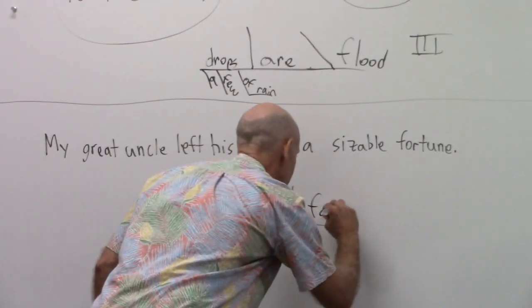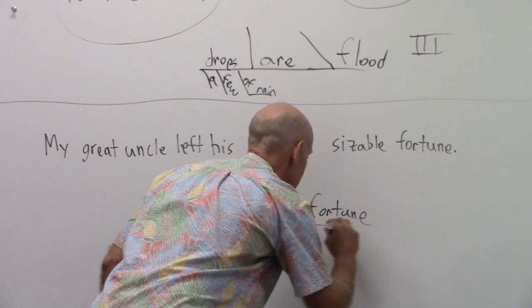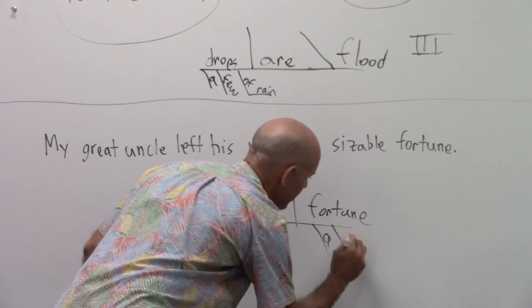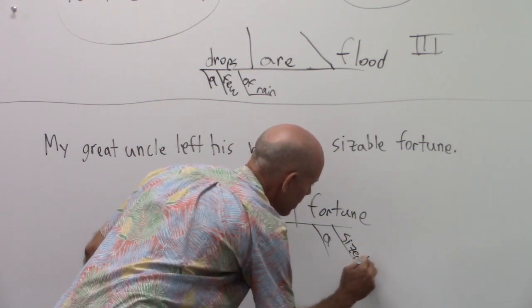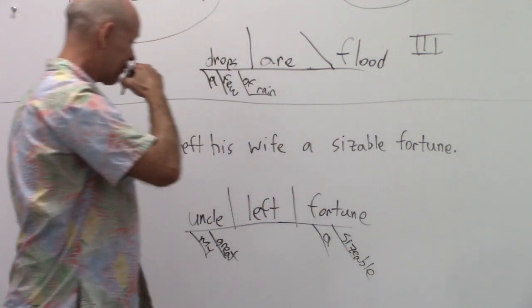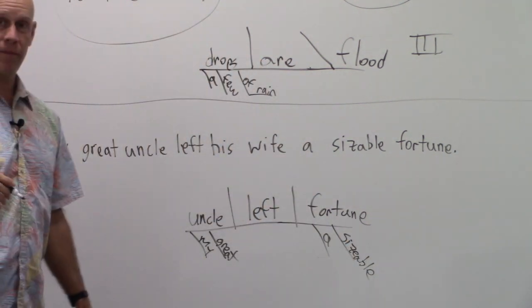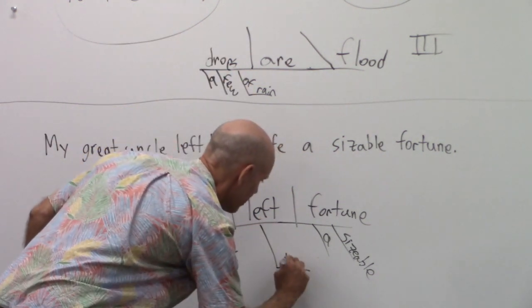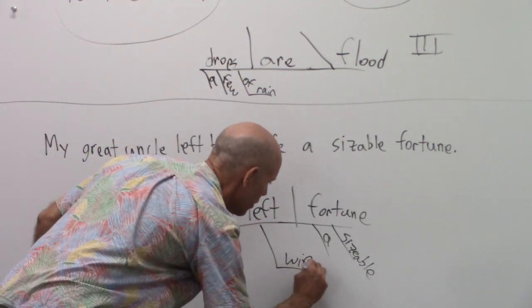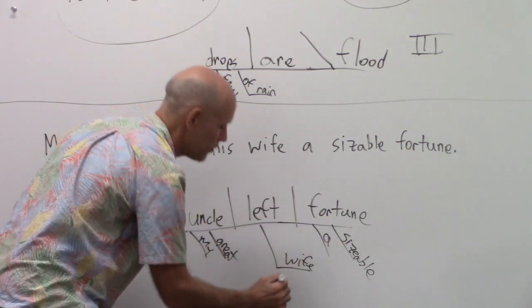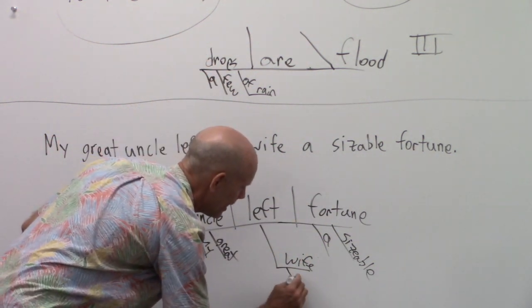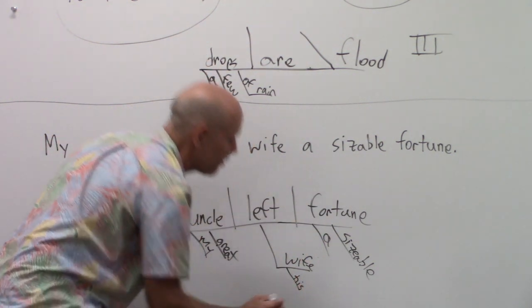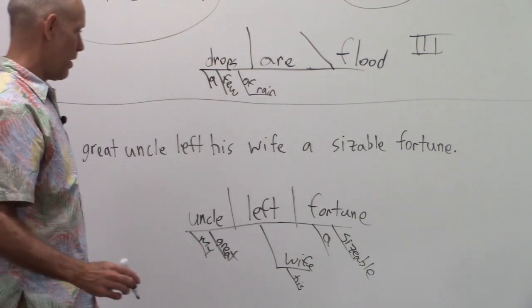All right. And what kind of fortune? A sizable. Now, what do we do with his wife? Well, she goes under here. And we're going to call her, if this is the direct object, what's his wife? A non-direct. Almost. Indirect object.